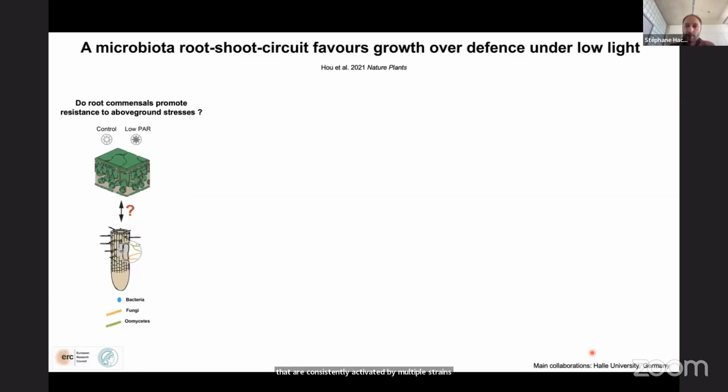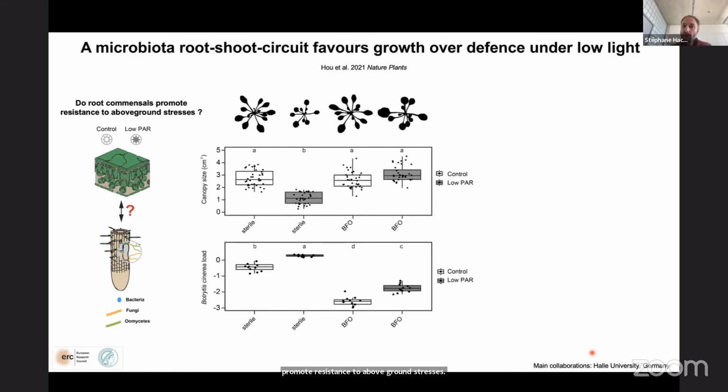So finally, the last part of my talk is about root-shoot communication and whether root commensals can promote resistance to above-ground stresses. In my group, we recently demonstrated that the microbiota has a strikingly beneficial effect on plants under low photosynthetically active radiation, on low light.